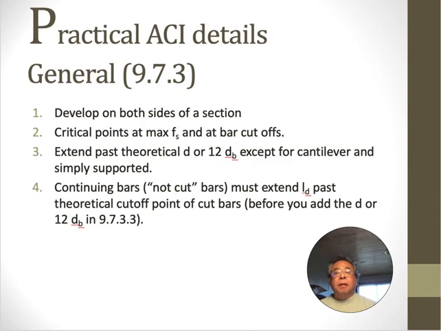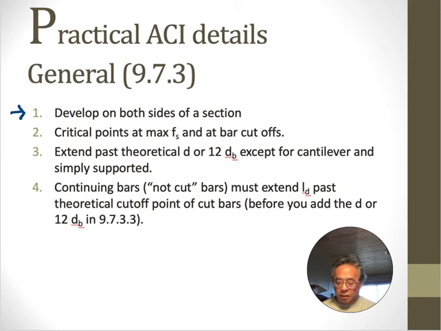Okay, practical ACI details. So in general, in 9.7.3, 9.7.3.1, so that's what all these numbers are. They're the subsection numbers. So 9.7.3.1, 9.7.3.2, etc. 9.7.3.1 says that you need to develop the bars on both sides of a section.